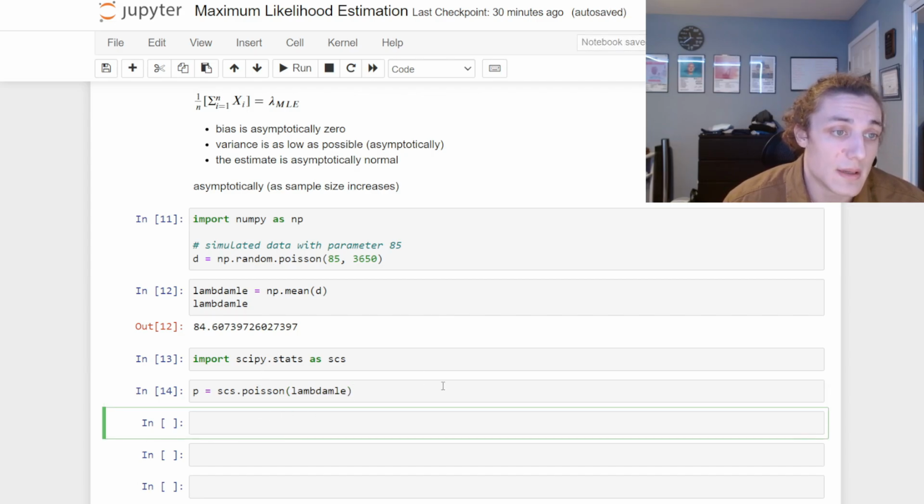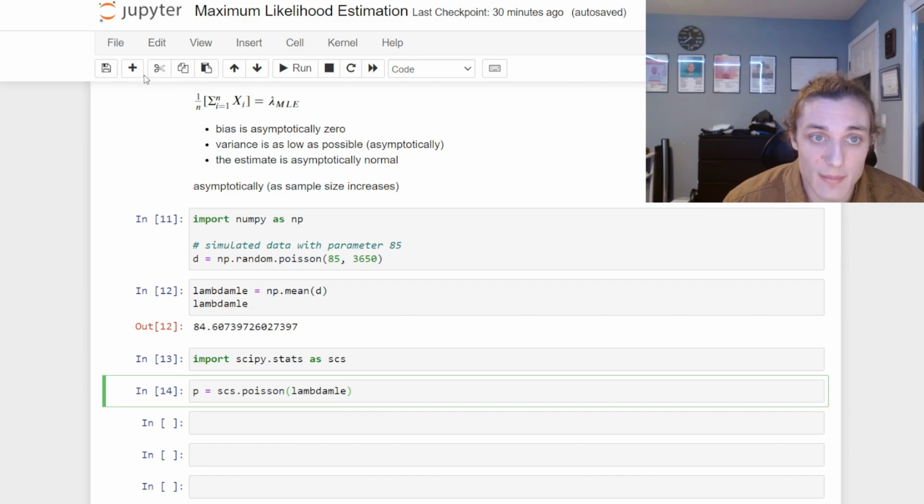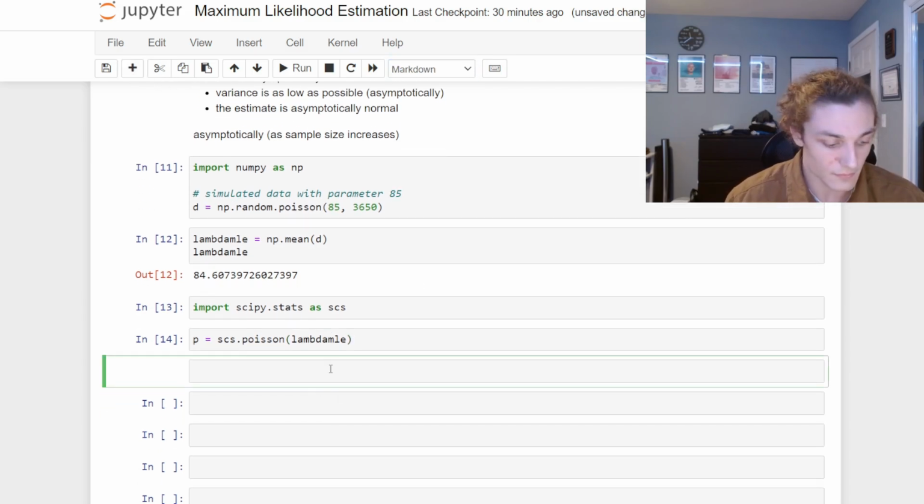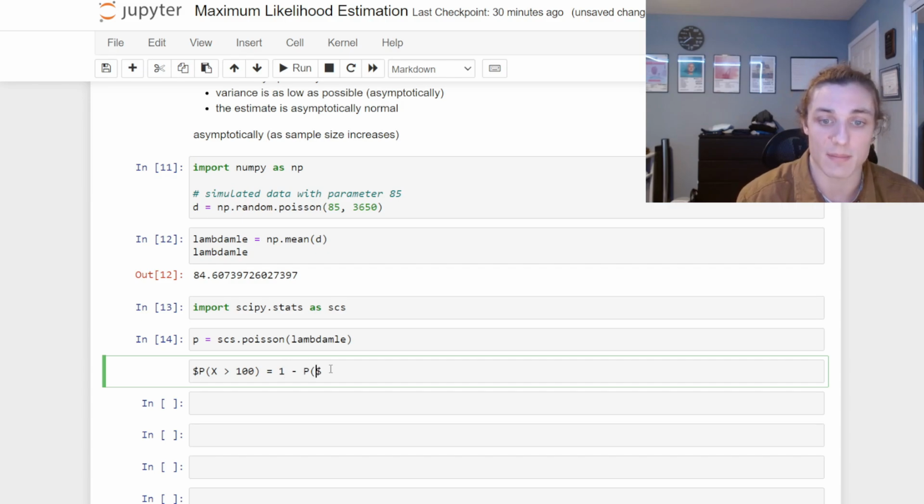Now what I'm going to do is just compute that probability. What is the probability that x is greater than 100? This is going to be equal to 1 minus the probability that x is less than or equal to 100.